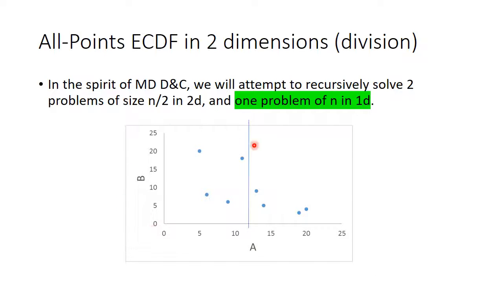So here's our data set again from the previous slide. The way that we're going to try and solve this problem is we're going to make a dividing line such that half the points lie on the left of the line and half the points lie on the right. And again, just to reiterate, this can get a bit nastier if the number of points is not a power of 2.